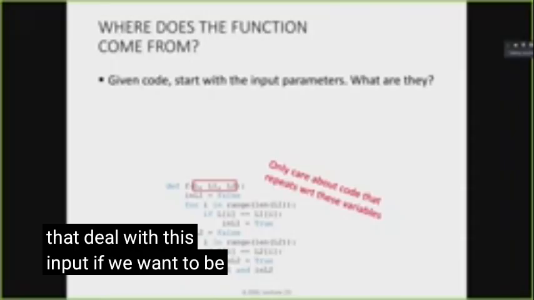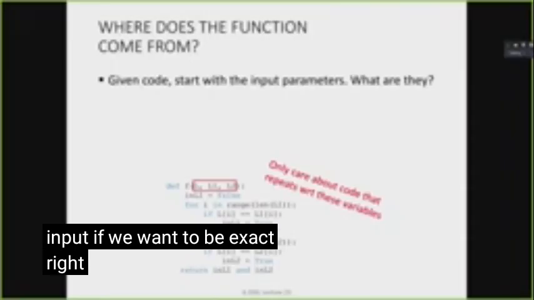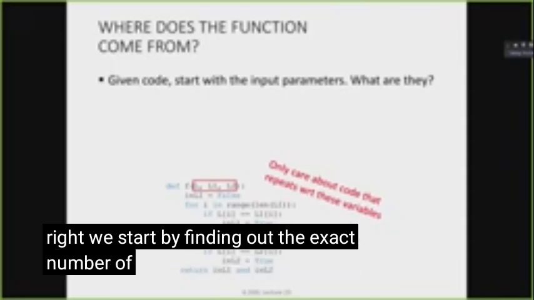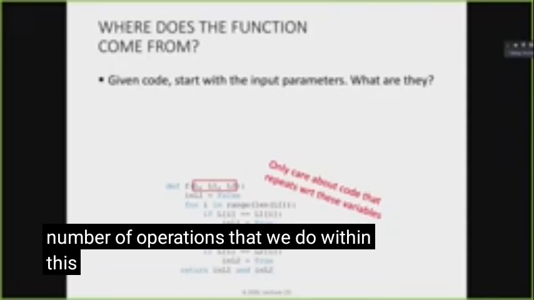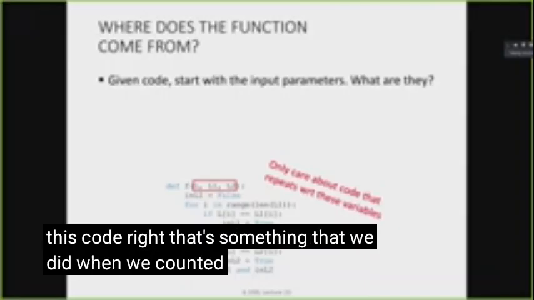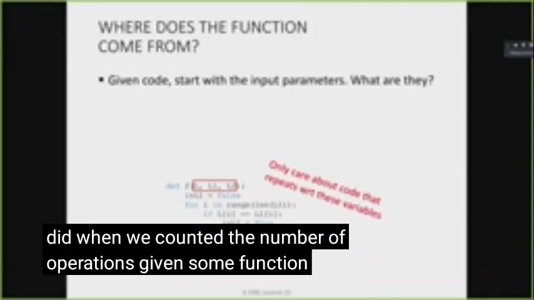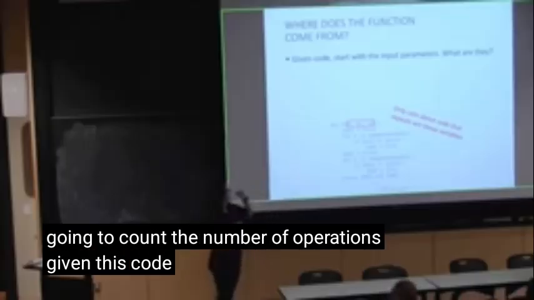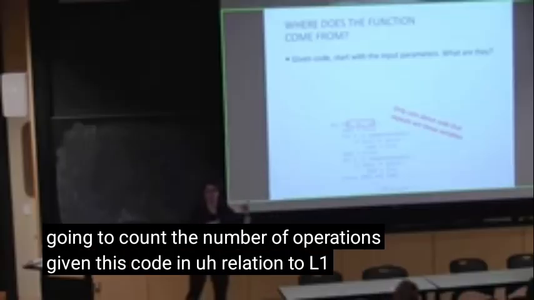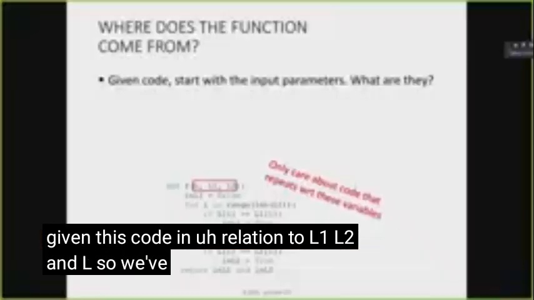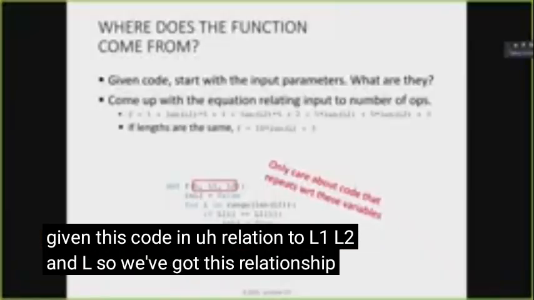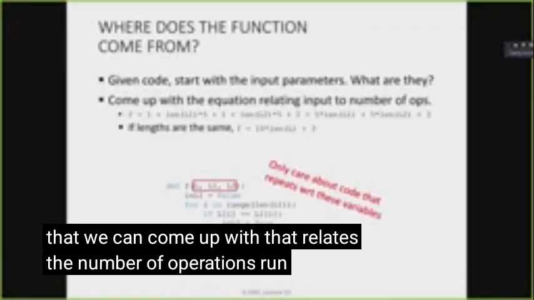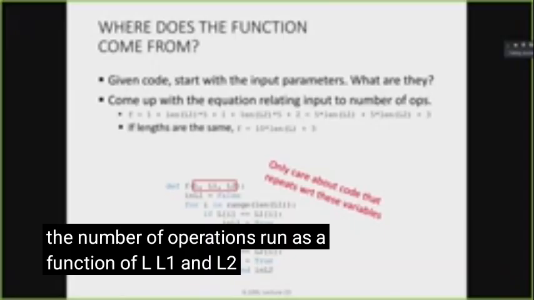If we want to be exact, we start by finding out the exact number of operations that we do within this code, right? That's something that we did when we counted the number of operations given some function. So we're going to count the number of operations given this code in relation to L1, L2, and L. So we've got this relationship that relates the number of operations run as a function of L, L1, and L2.